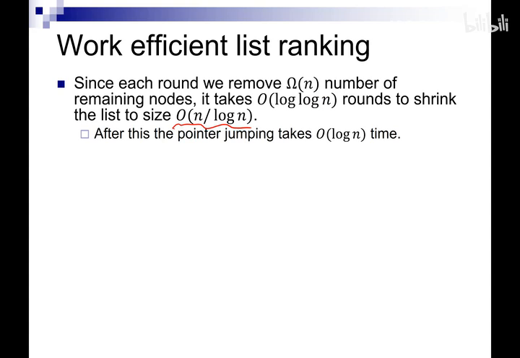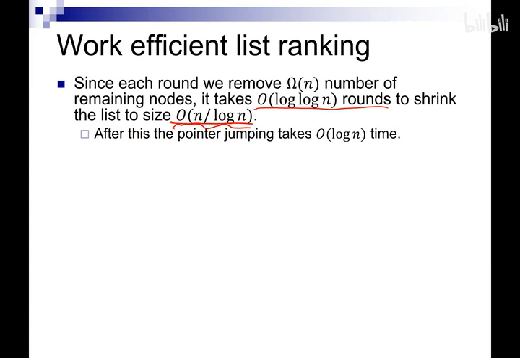So you want to remove a log n fraction of the nodes, and each time you can remove a constant fraction. Therefore, the number of rounds that you need to run before you can remove this log n fraction is going to be the log of log n. So it's going to be double log n rounds until you're down to a set of this size.